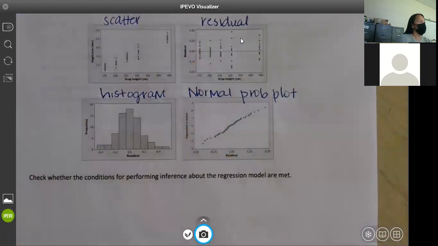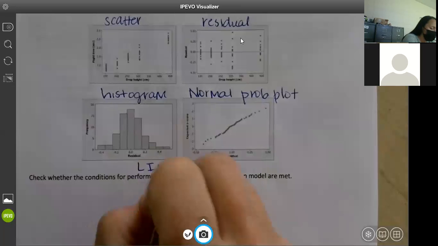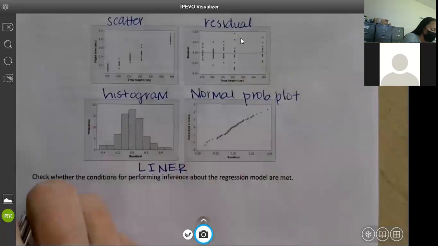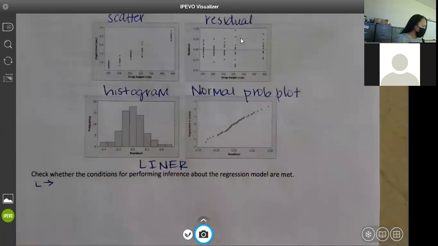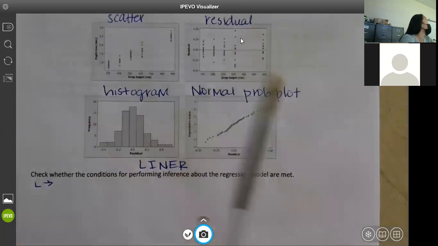And remember, this is the one that we just did. So this is that LINER. For L, we want to make sure that it is linear. And I told you the one place that you really want to look is the residual plot. And this has no clear pattern. It's not a U shape, it's not a line, it's not anything. It's just random scatter.